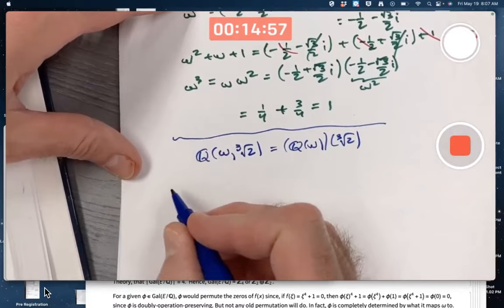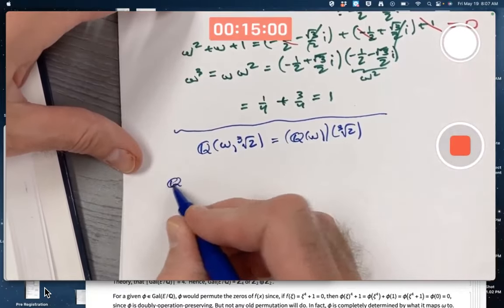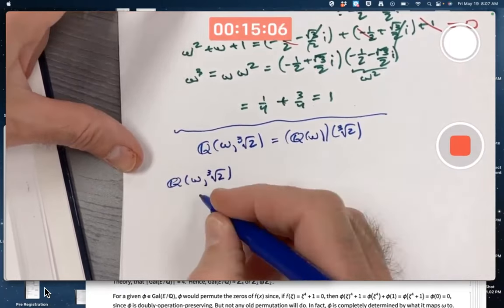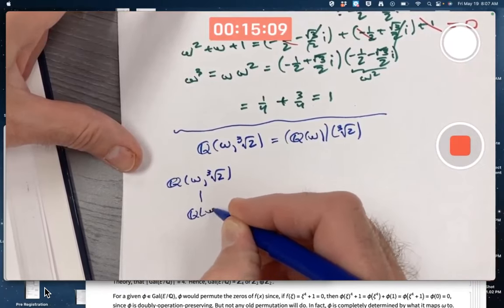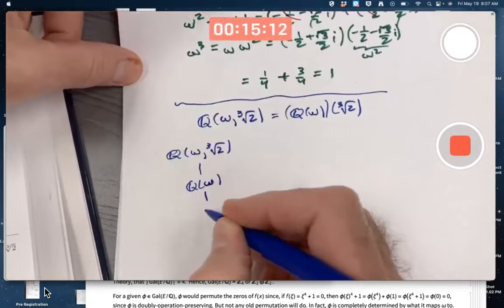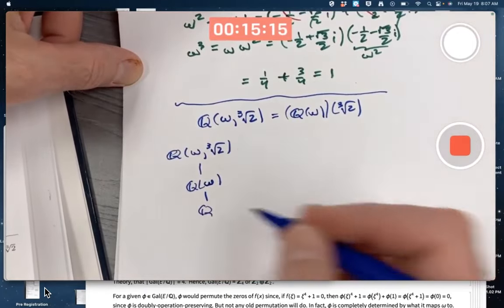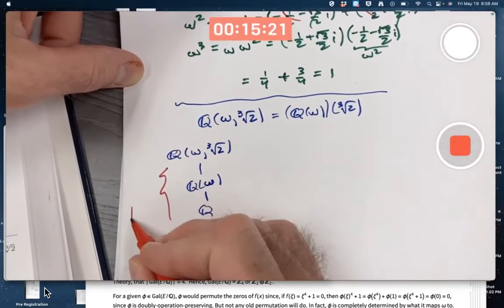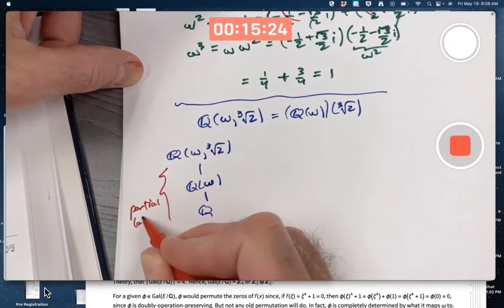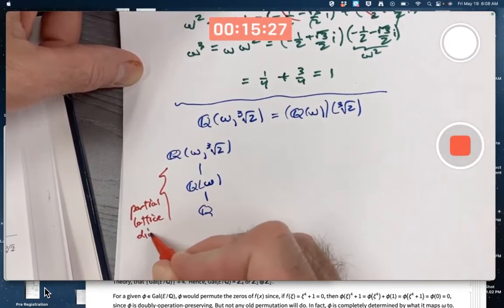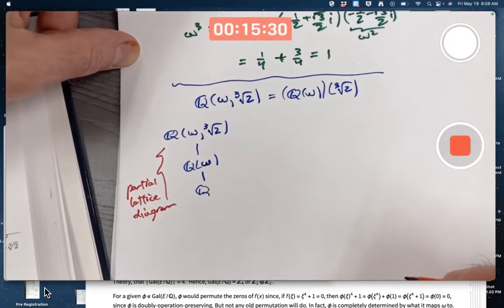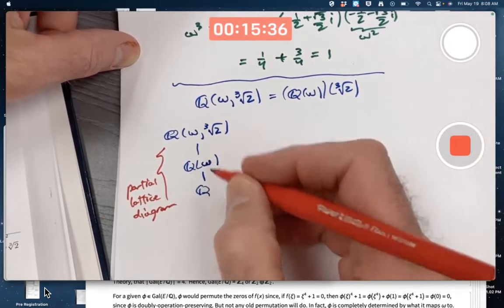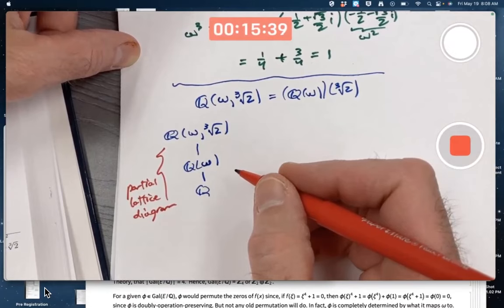So in a field lattice or tower of fields, I could start a partial lattice diagram for this extension this way. It's not the complete lattice diagram. It's a partial one. And I would like to fill in the degrees of these extensions. I'd like to put numbers by these lines here, telling me the degree.